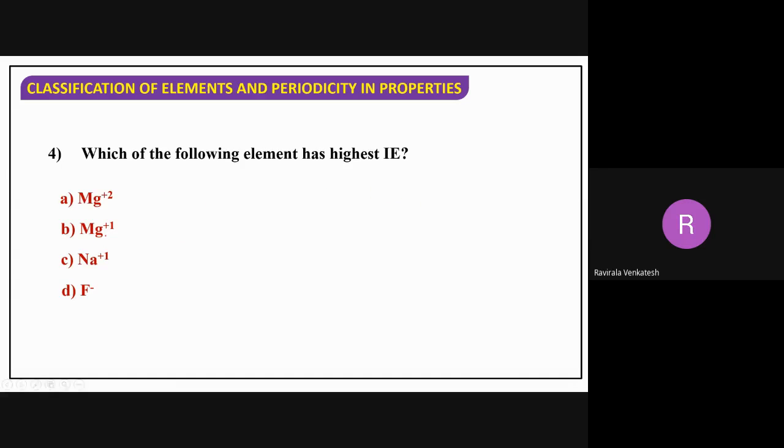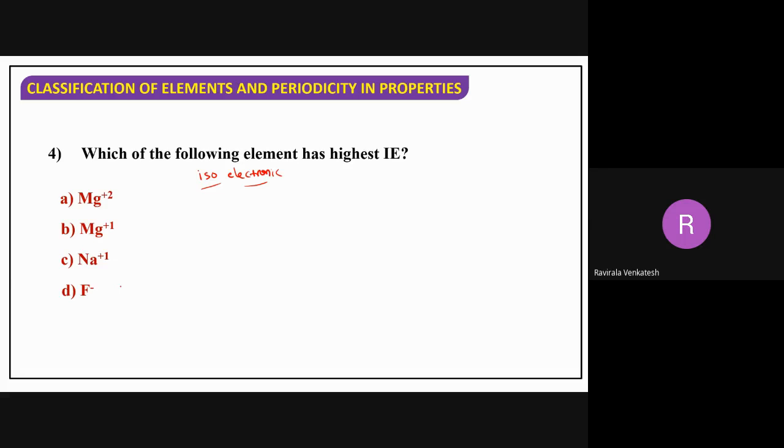Now the question arises: which of the following elements has the highest ionization enthalpy? In this case there is no single group, all are different groups. Observe, all of them have 10 electrons only, so they are isoelectronic.